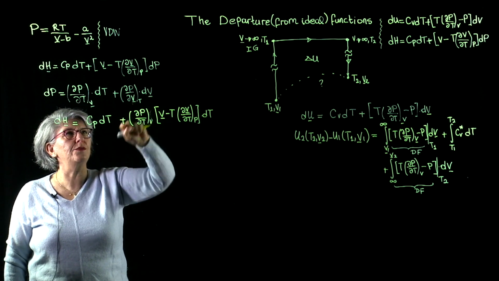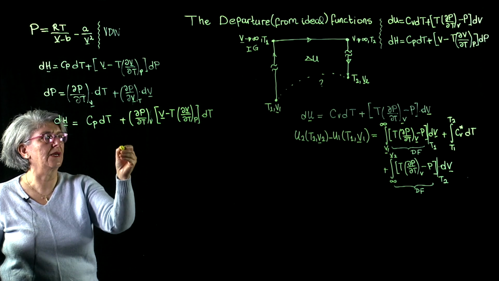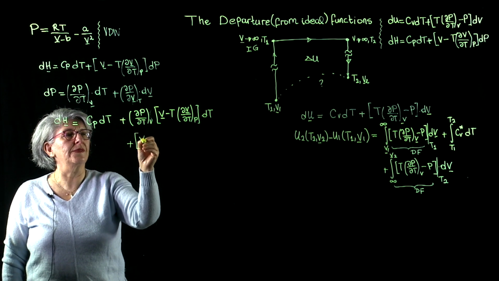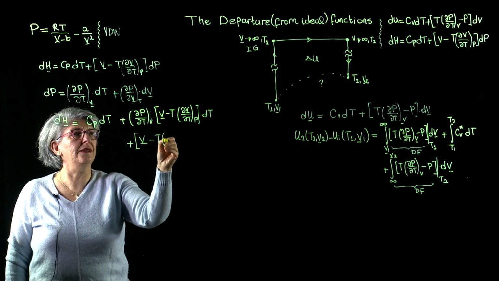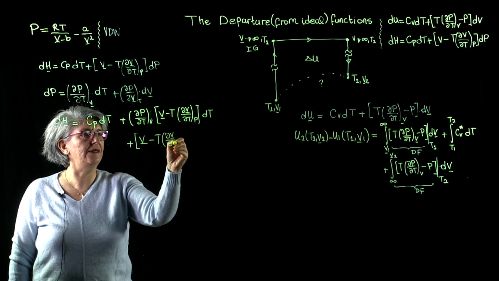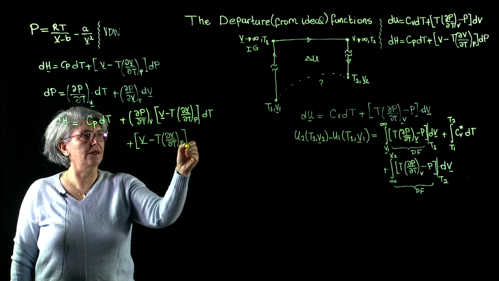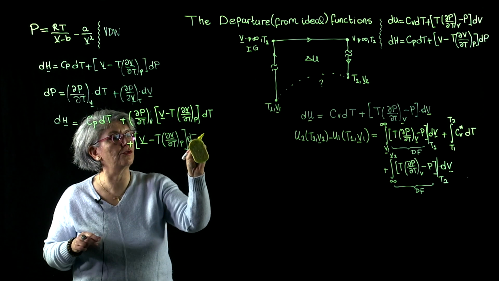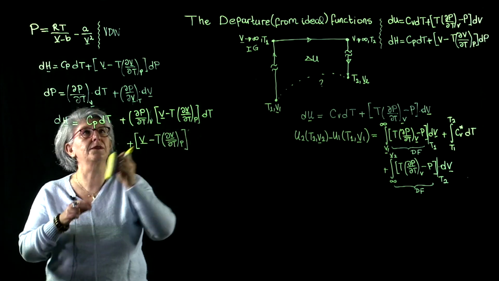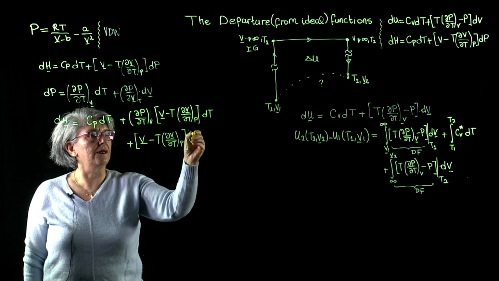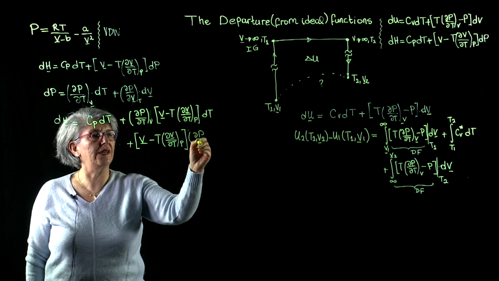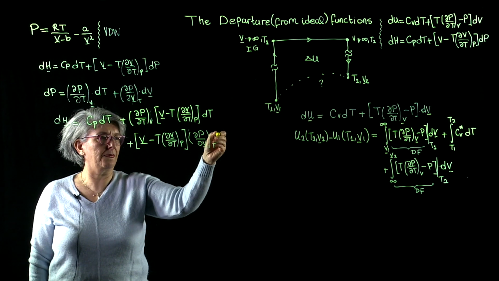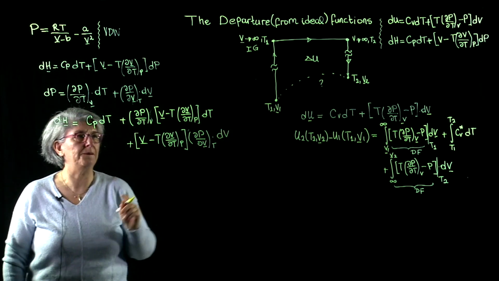Then I have another term for the V integral, plus V minus T del V over del T at constant P times dT. Well, we have to introduce our pressure variable here. Del P over del V at constant T times dV.